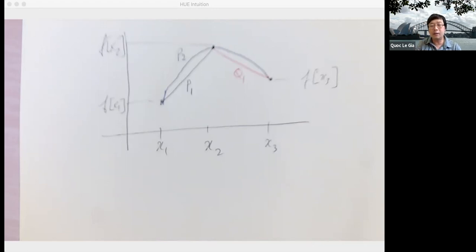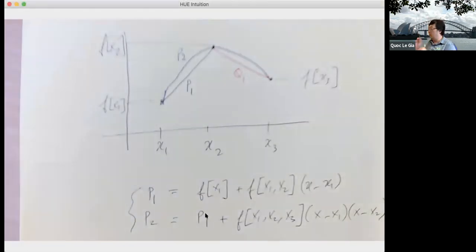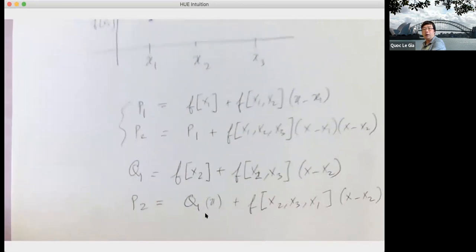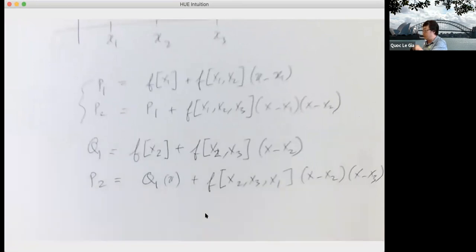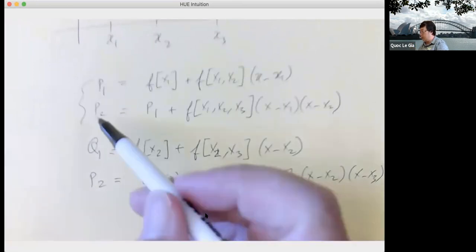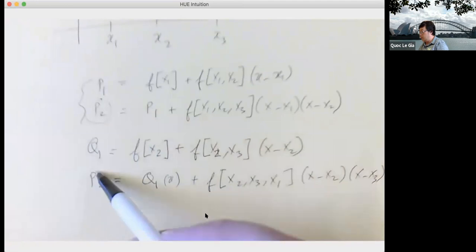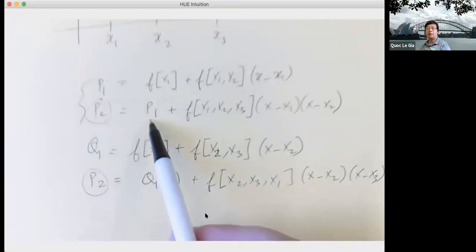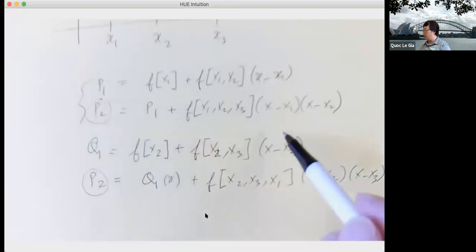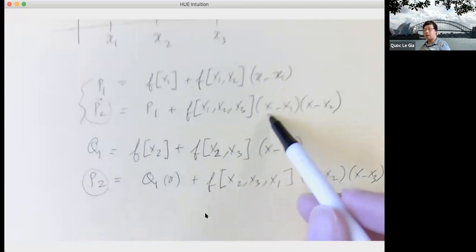When you look at the P2, sorry, the pictures should be moved up a little bit. You see that P2 here are the same because going through 3 points, there's a unique parabola. But here you go from the left, so you got P1 here, and you got (x minus x1)(x minus x2).